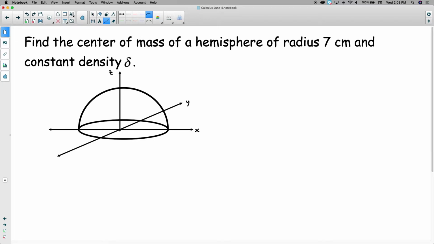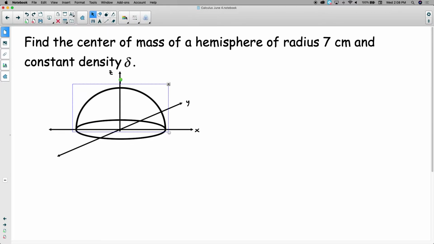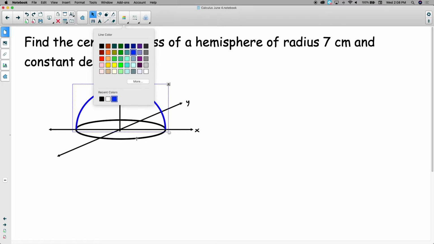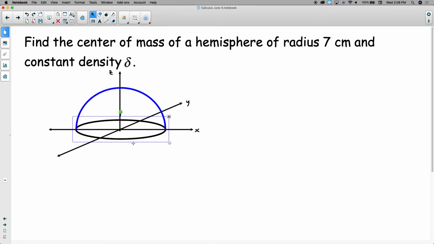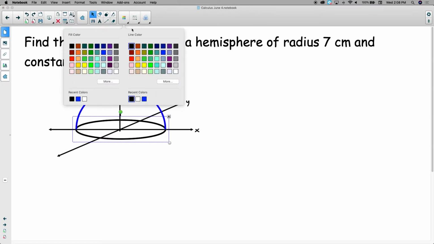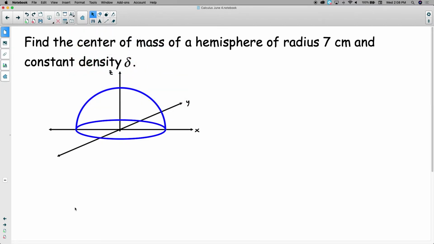I'll be done building it in just a second. Let's give this a few properties. Let's give that just a different color. Okay, so that's my hemisphere, and then I'm going to get into finding its center of mass.